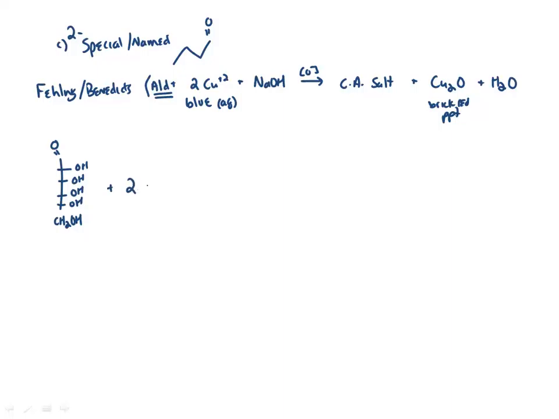So if we draw 2 Cu2+, aqueous, plus NaOH, and we oxidize that, then we're going to get the carboxylic acid salt, and the whole rest of the molecule just stays the same.